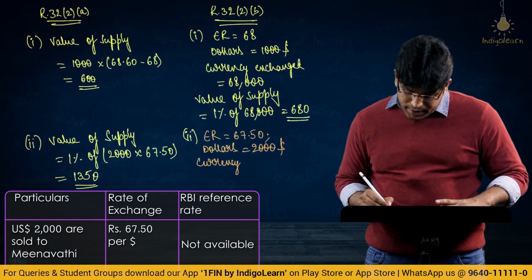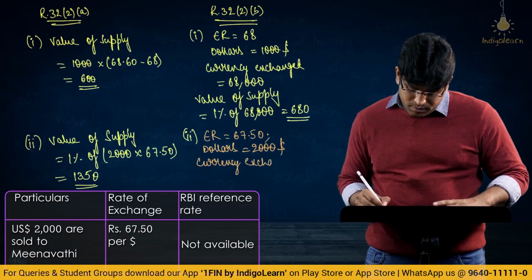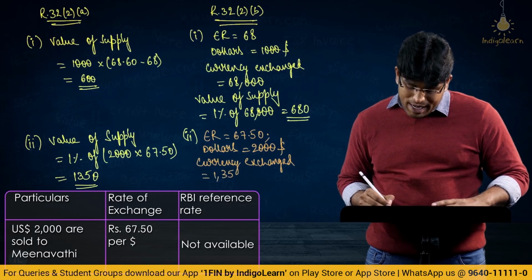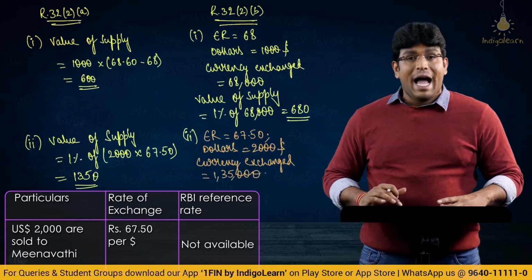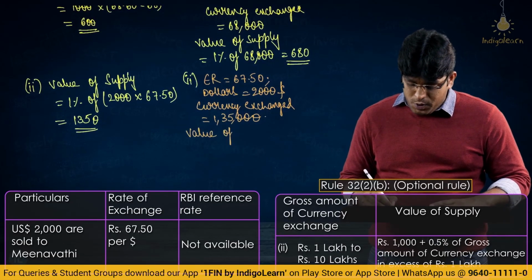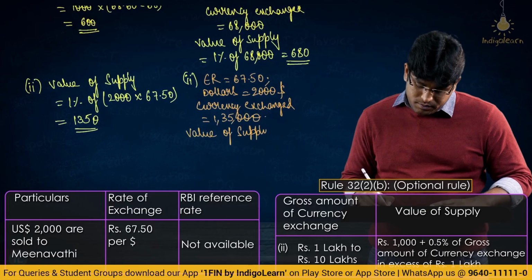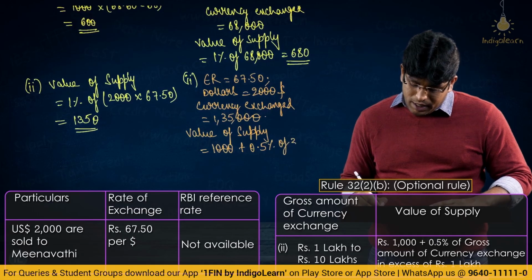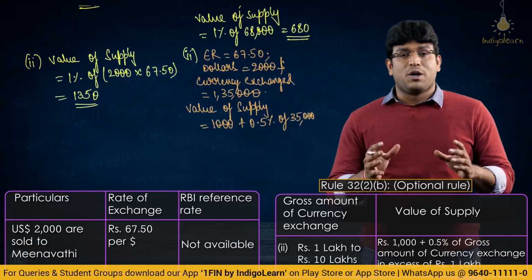So technically my currency exchange is nothing but 1,35,000, and we know that my value of supply will be 1,000 plus 0.5% of 35,000. And why we are taking 0.5% of 35,000 is very clear.